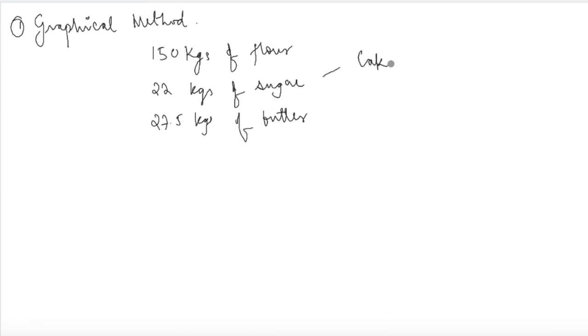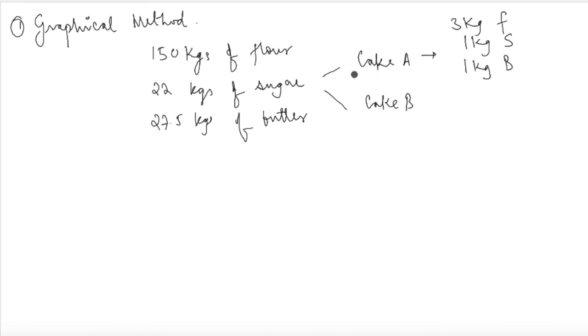First is cake A and the second is cake B. To produce 1 dozen of cake A, the baker requires 3 kilograms of flour, 1 kilogram of sugar and 1 kilogram of butter.